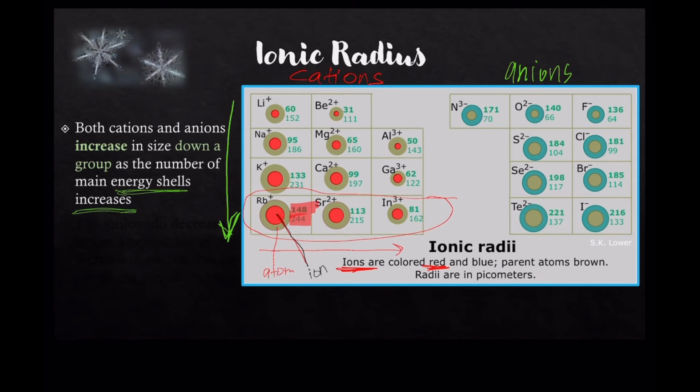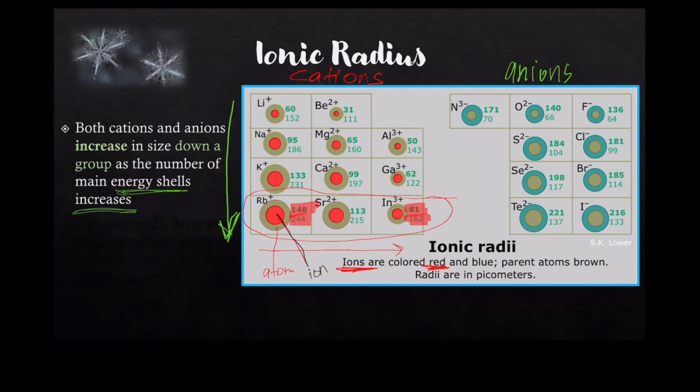If we look at indium on the end, indium also has a larger neutral atom compared to its positively charged ion. So the trend for elements going across a period is that the ions get smaller.